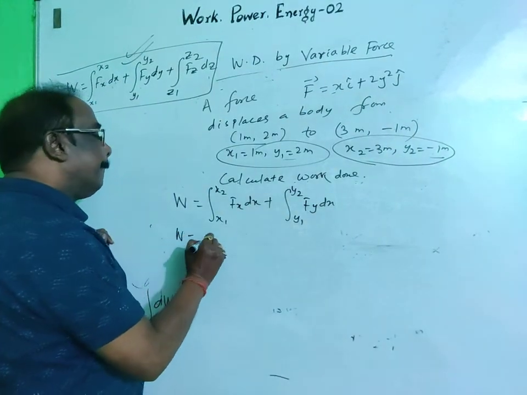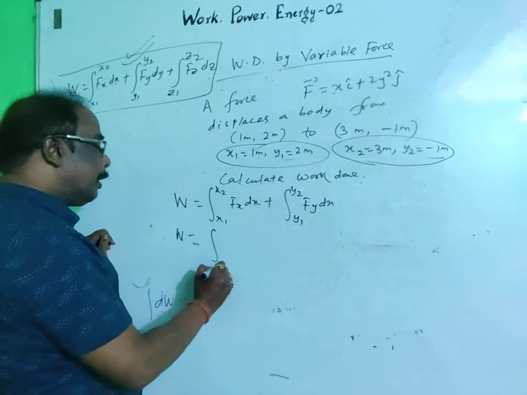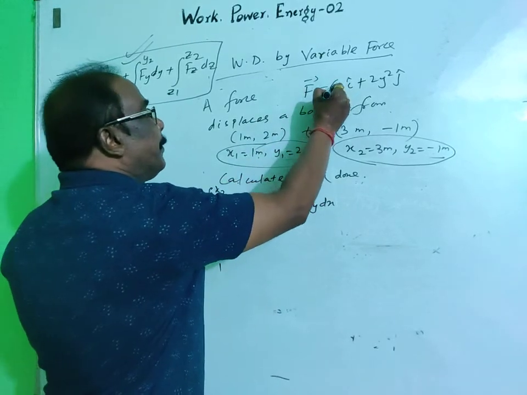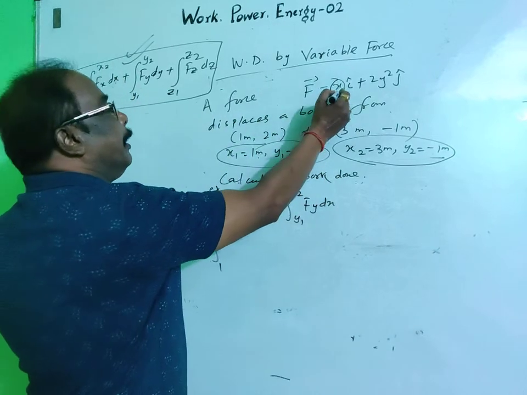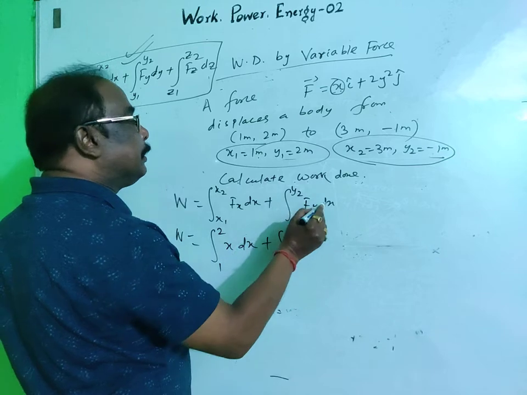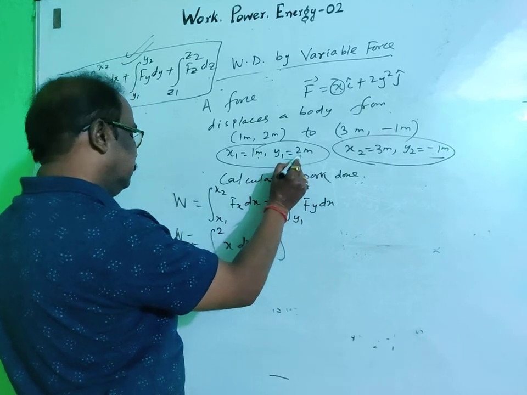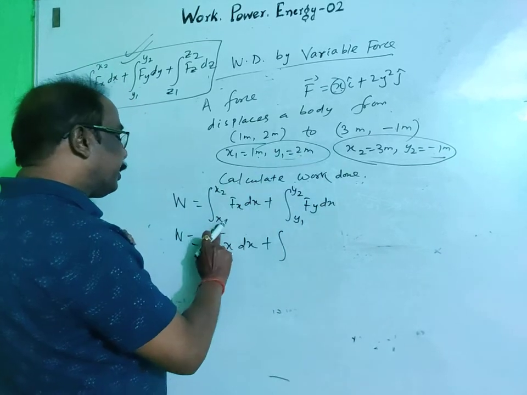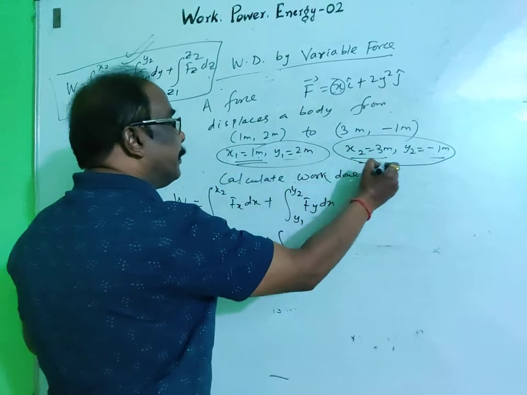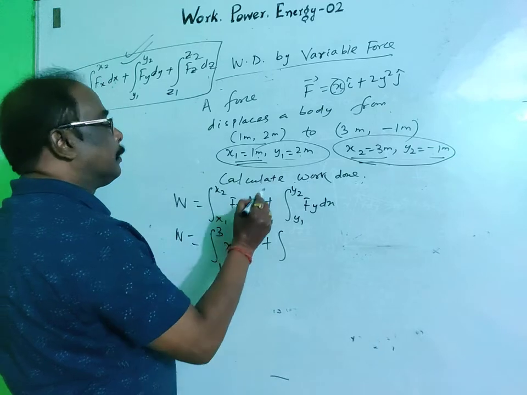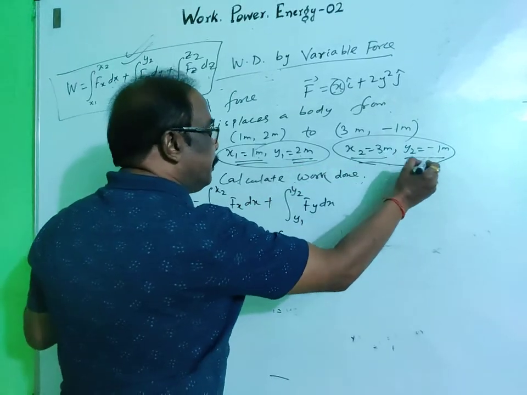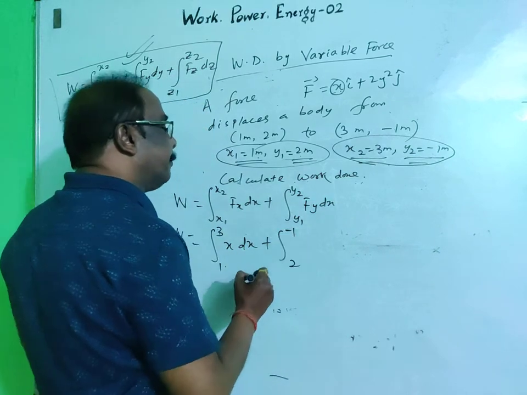Then x1 is 1 meter, x2 is 3 meter. In place of Fx, Fx is x, so integral of x dx from 1 meter to 3 meter, plus integration from y1 to y2, where y1 is 2 meter and y2 is minus 1 meter.